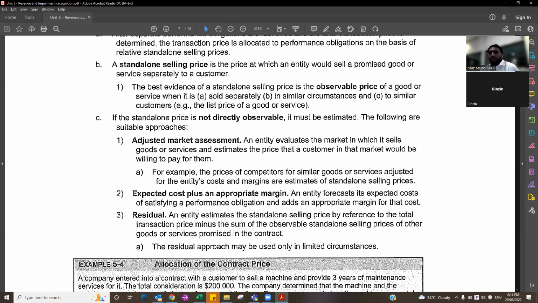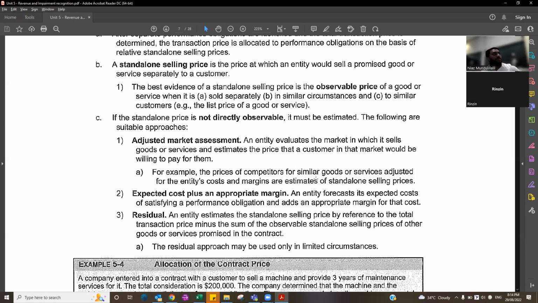For this particular specification, for example, this is HP, Dell is selling the same specification laptop for 1,900. So I will take 1,900 as the price, plus I will adjust for our costs. Maybe I am doing a lot of marketing and have a different kind of colorful packing, so I have to add that cost. So I will adjust that price. That's called the adjusted market assessment.